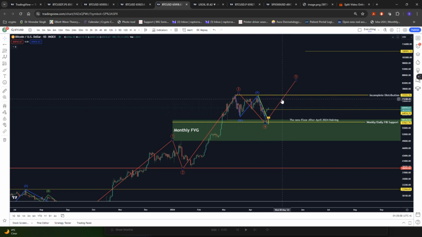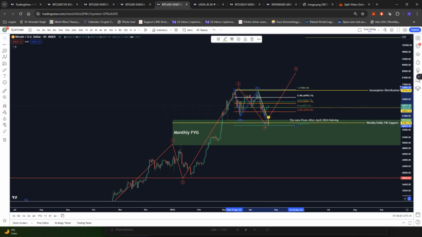And then there is this resistance as well that I have posted on my page, this 0.618. This particular level also matches up with a very significant level, the POC of the whole range.